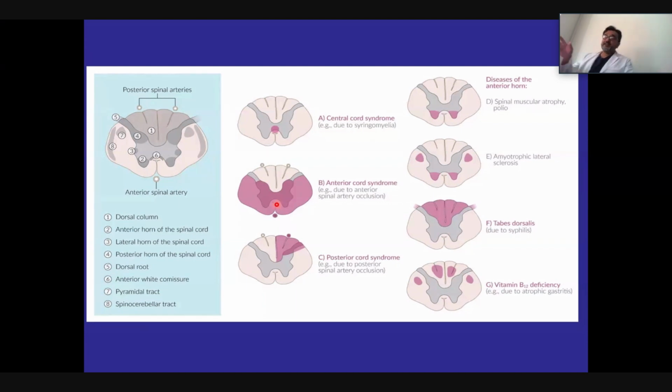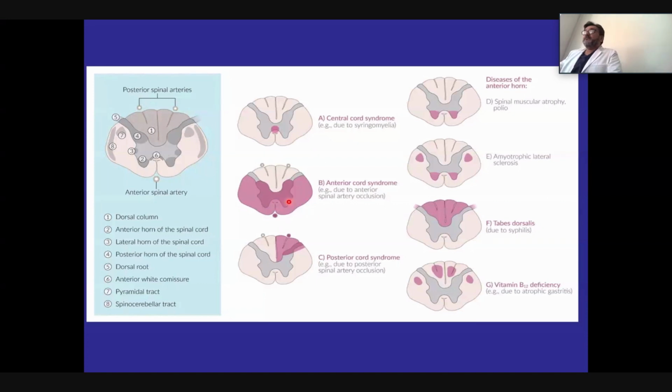Because the T8 artery usually comes out from the thoracic part of the aorta, if it gets compromised during the repair, you have ischemia of the anterior part of the cord. So the scenario may say, a surgeon was performing a surgery on a thoracic aneurysm, and after the surgery, the patient presents with these symptoms. What symptoms would be there?